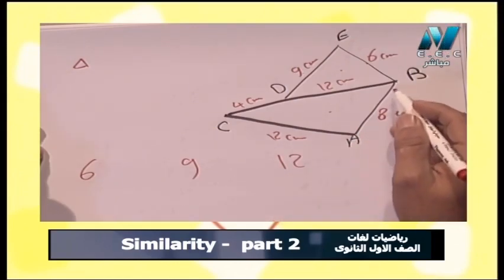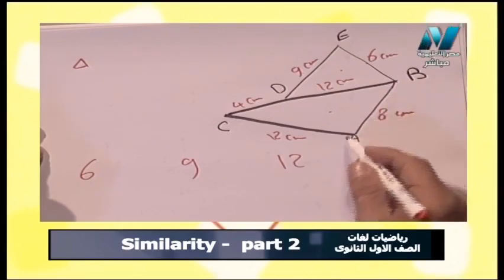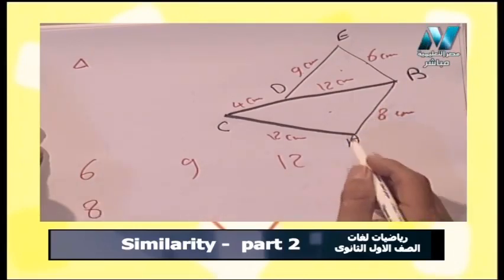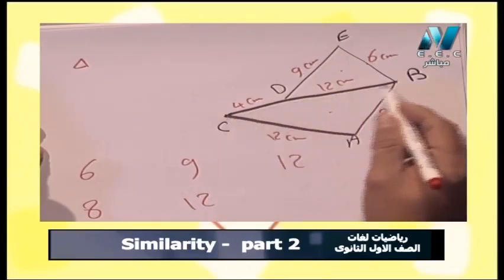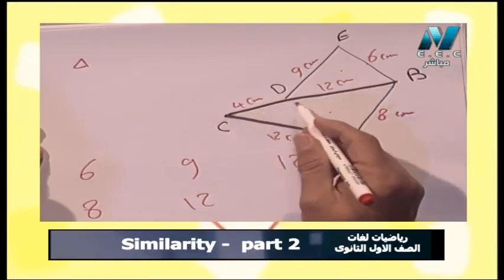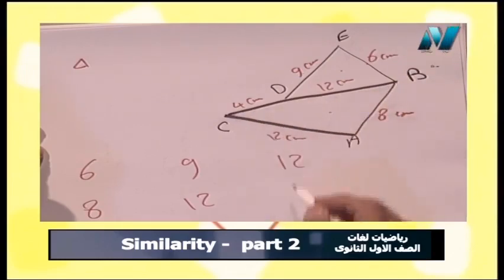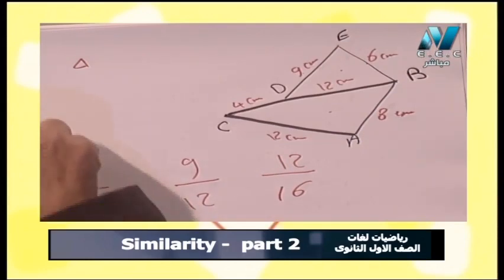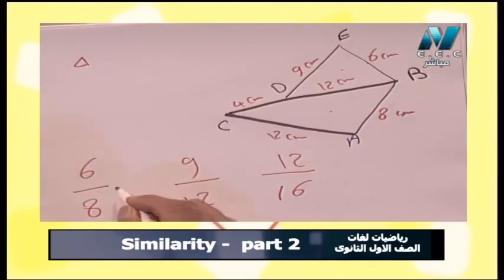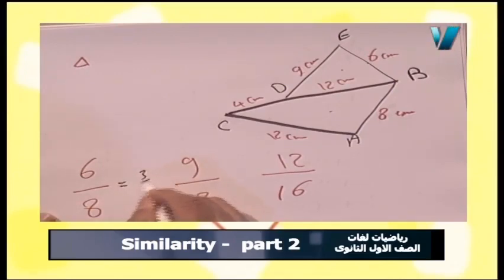So we arrange them: 8, 12 and 16. We have BC here, the sum of CD and DB, so it's 16, and put a fraction here. What will we find? We will calculate them, and we will find that each of them equals 3 over 4.